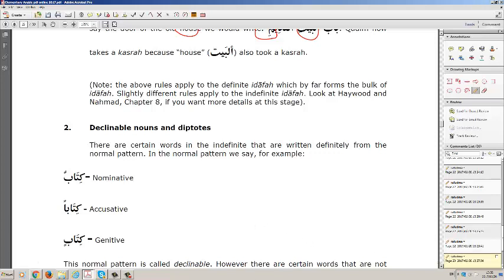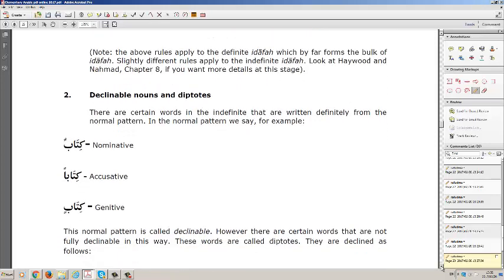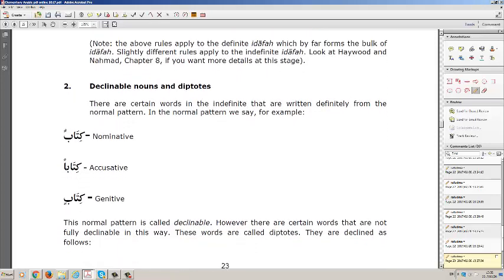Finally, I think we should just mention that there are certain words in the indefinite that are written in a different way. Let's explain this correctly.